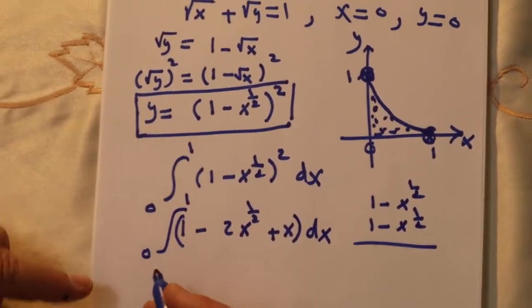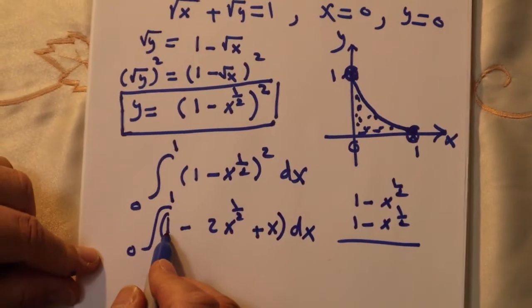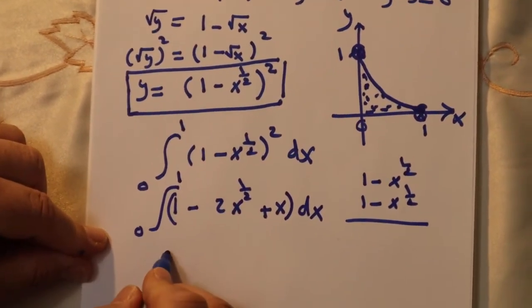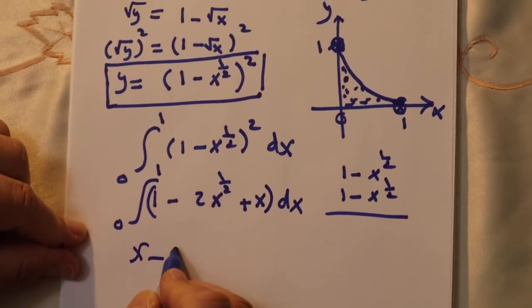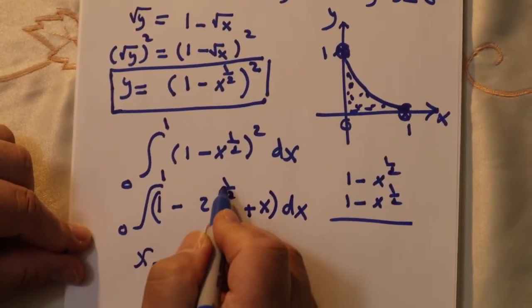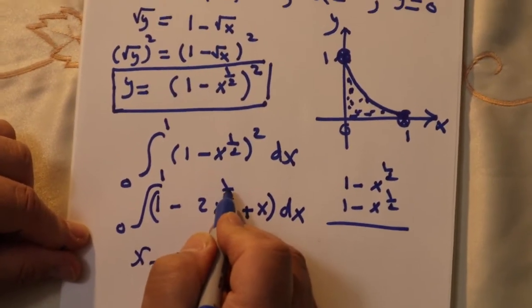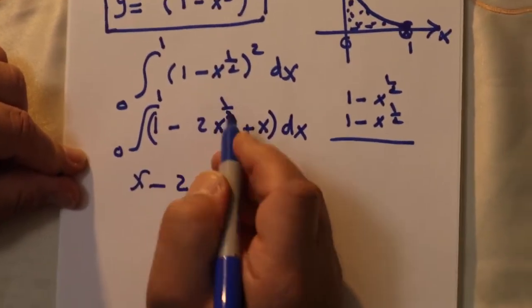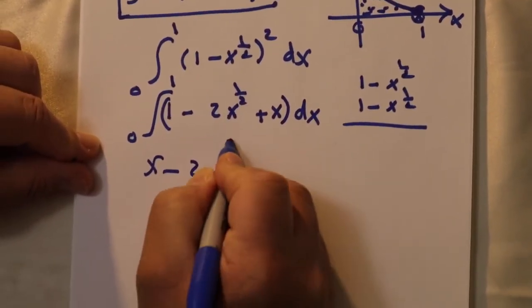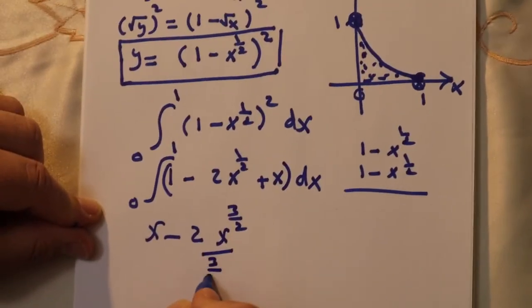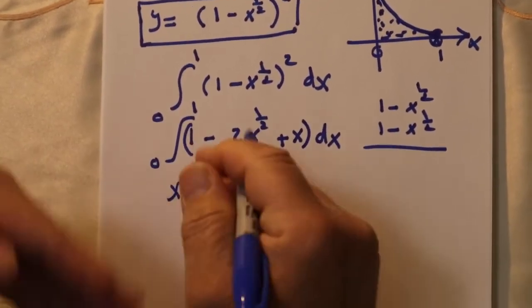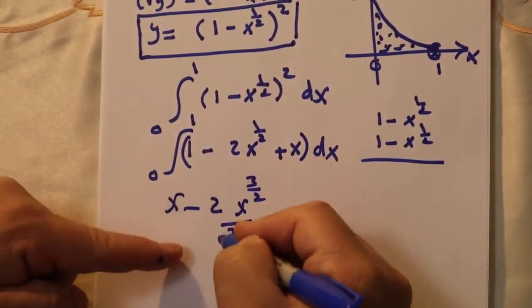Now we're going to start to do the integral. So the integral of 1, as you know, is x, minus the integral of, put down 2, and the integral of x exponent a half, add 1 to the exponent, as we know. 1 half plus 1 is 3 over 2, so x exponent 3 over 2. Divide by the new exponent 3 over 2. When you divide by a fraction, you have to flip it to be 2 over 3.